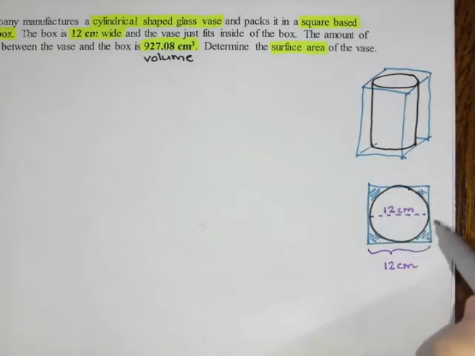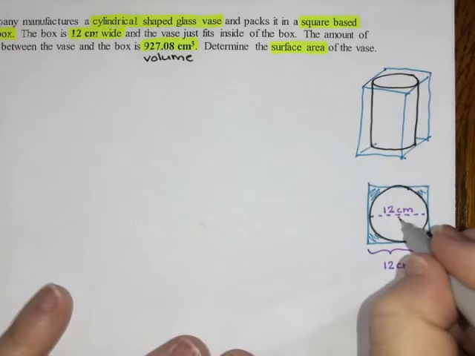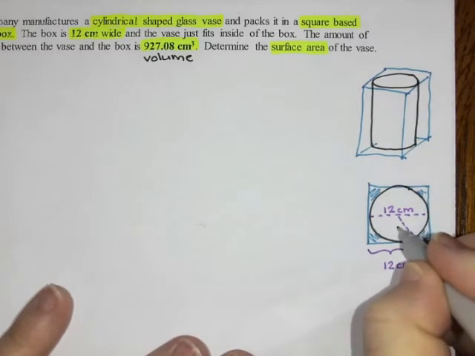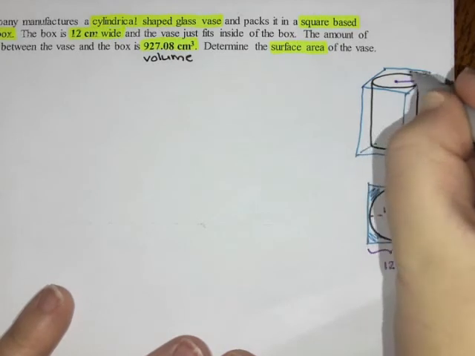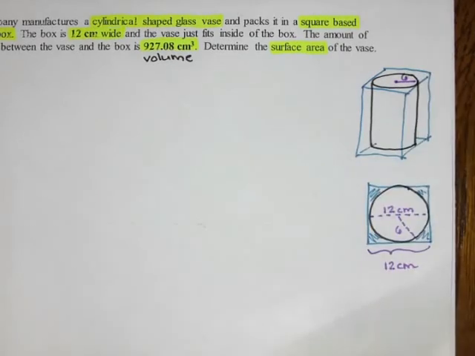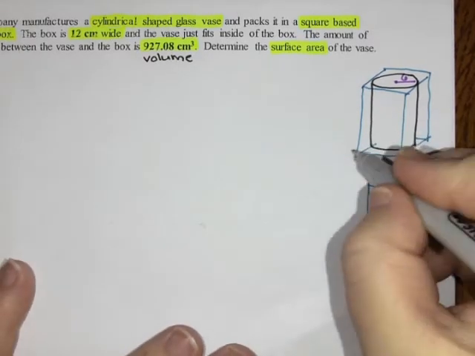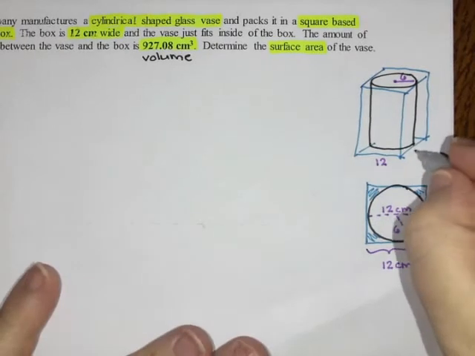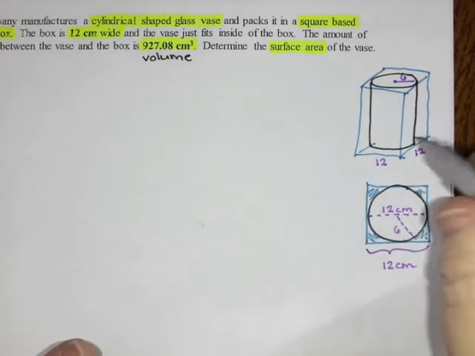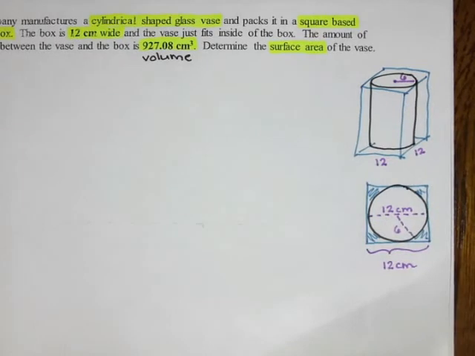And if the circle part here is 12 centimeters wide, that means that our radius is half of that, which is 6. So in this picture, I now know that the radius of my cylinder is 6. I also know that the box is 12, and it said it was square, so that means it's 12 by 12, right? Going in all sides there.